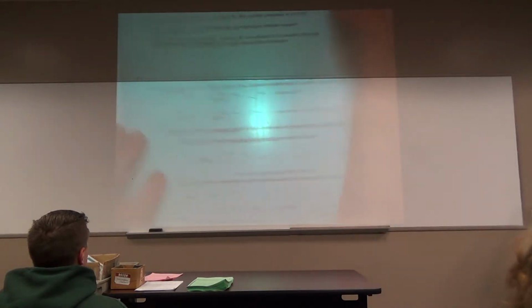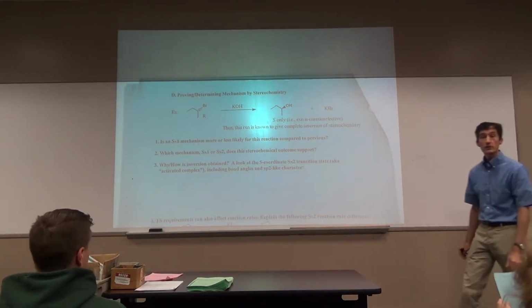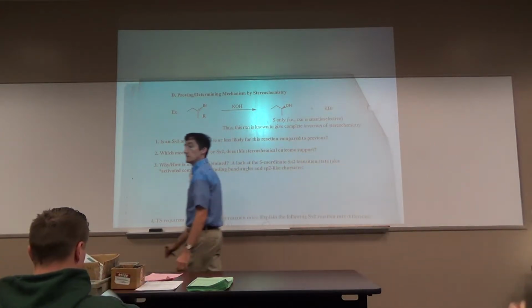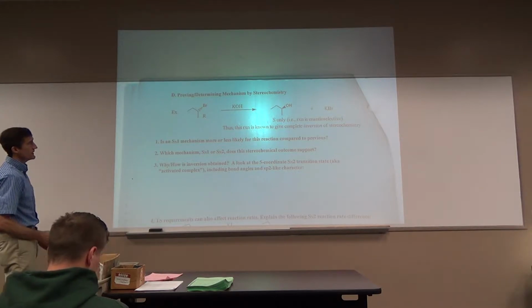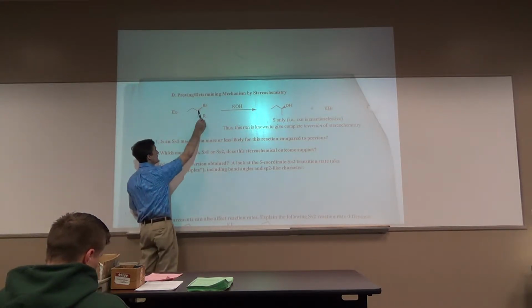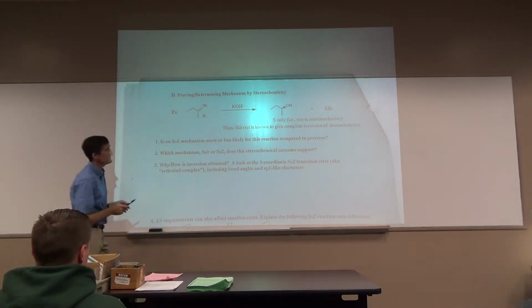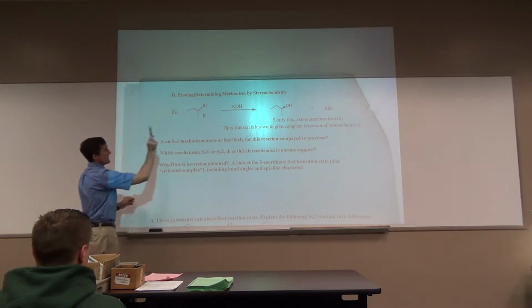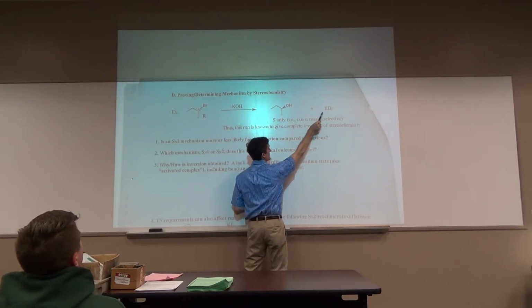Okay, let's get more specific here. A lot of this will hopefully be redundant and we should know the answers to these things, but we discussed some of this in the alkene chemistry. Determining mechanism by stereochemistry. Let's look at this reaction. It's very similar except we have an extra carbon and some stereochemistry. If you react this substrate with KOH, we can get a substitution reaction to make KBr.